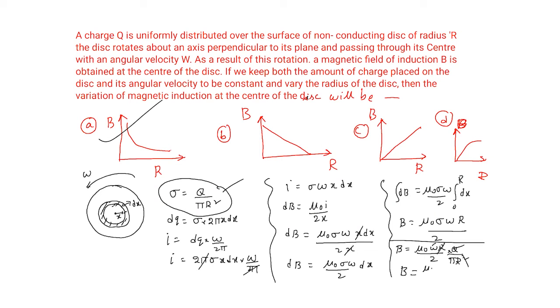So you'll get mu naught omega Q by 2 pi R. See here, where you have R in the denominator. So B is inversely proportional to R. B is inversely proportional to radius. So that's why you'll get a rectangular hyperbola. Done, children? Copied that?